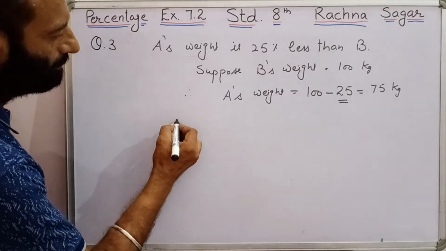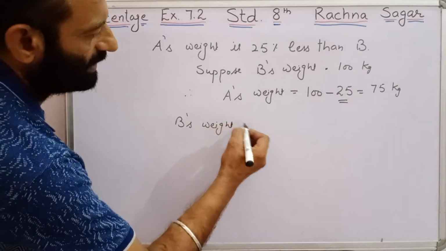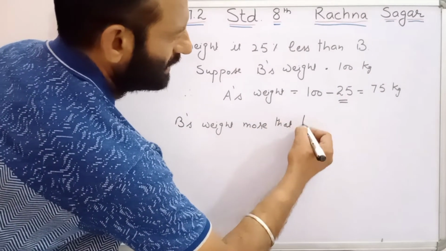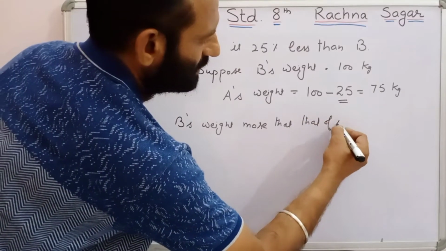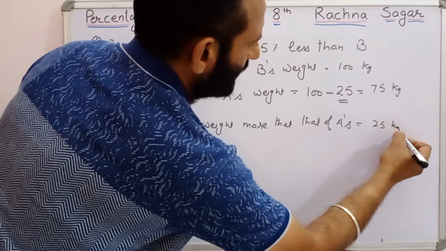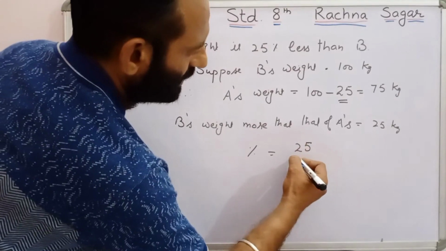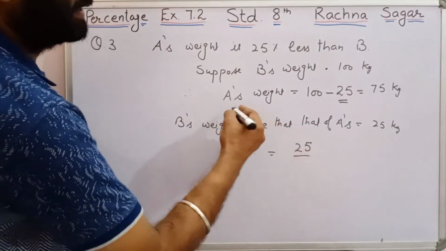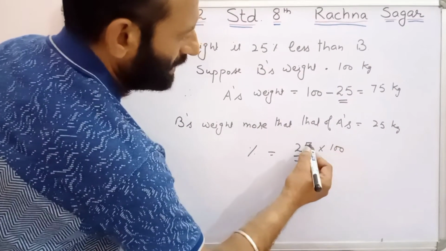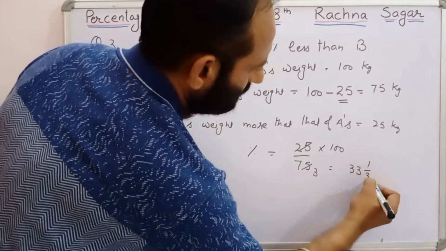Now B's weight more than that of A's weight is 25 kg, and percentage B's weight more is 25 over original weight of A, it is 75 multiplied by 100, it comes out to be 100 over 3, that is 33 and 1 by 3%.